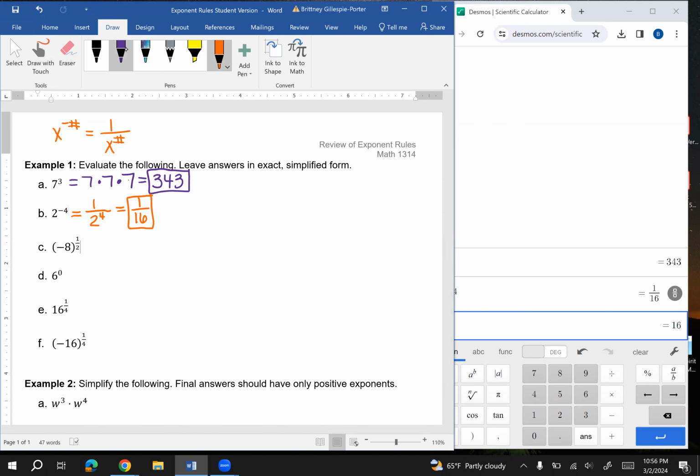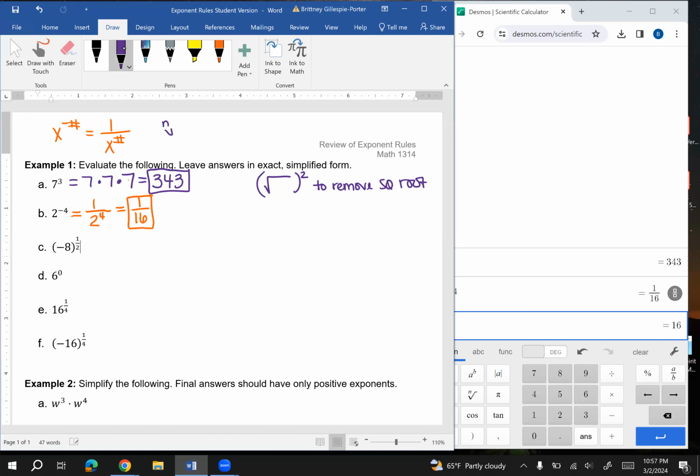In part C, we have a fractional exponent. Remember when we did a square root and we took the square of both sides to get rid of the square root? The reason that we could do that is because our radical actually becomes a fractional exponent.